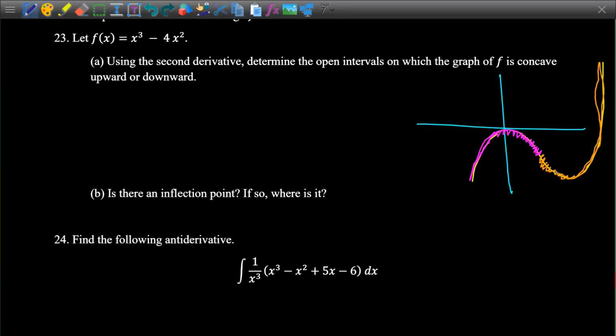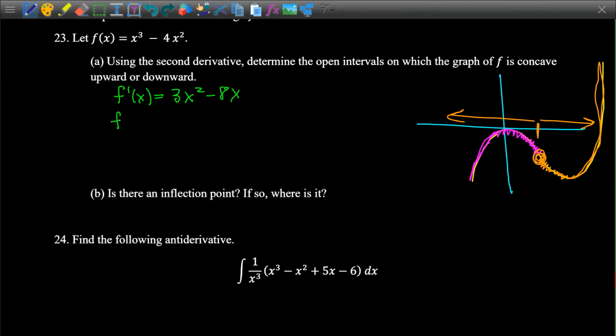called the inflection point. So there's an inflection point here at some value, and that's what we're going to look for. And then we'll say that the interval to the left is concave down, and for the interval to the right, it's concave up in this case. So, it says using the second derivative. So we're going to need the first derivative, just 3x squared minus 8x.